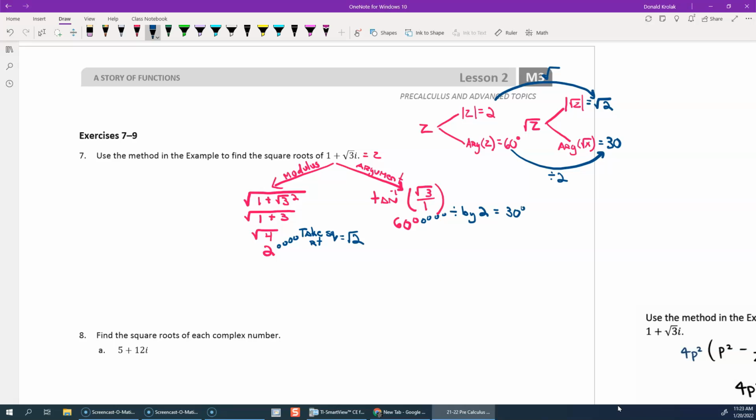Okay, so now I can write my square root. The modulus is root 2, cosine 30 degrees plus sine 30 degrees i. Root 2 and 30.